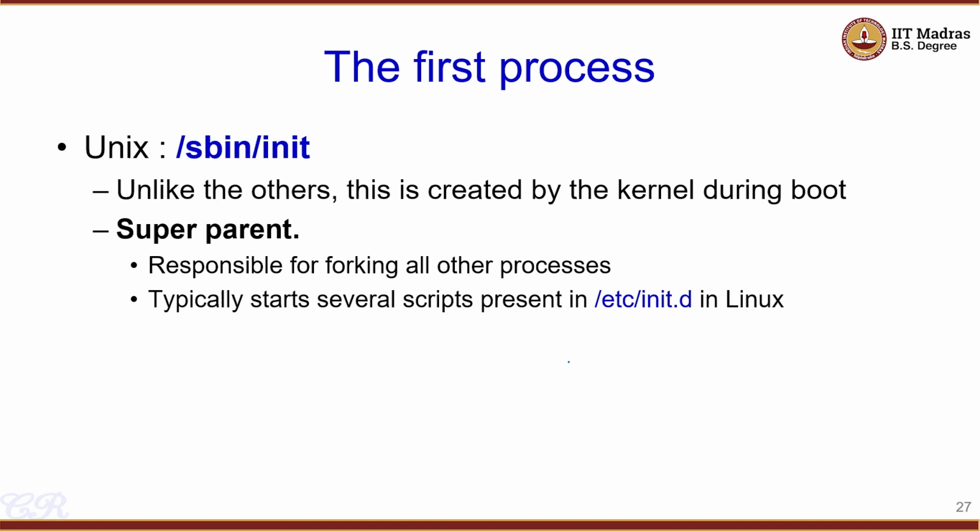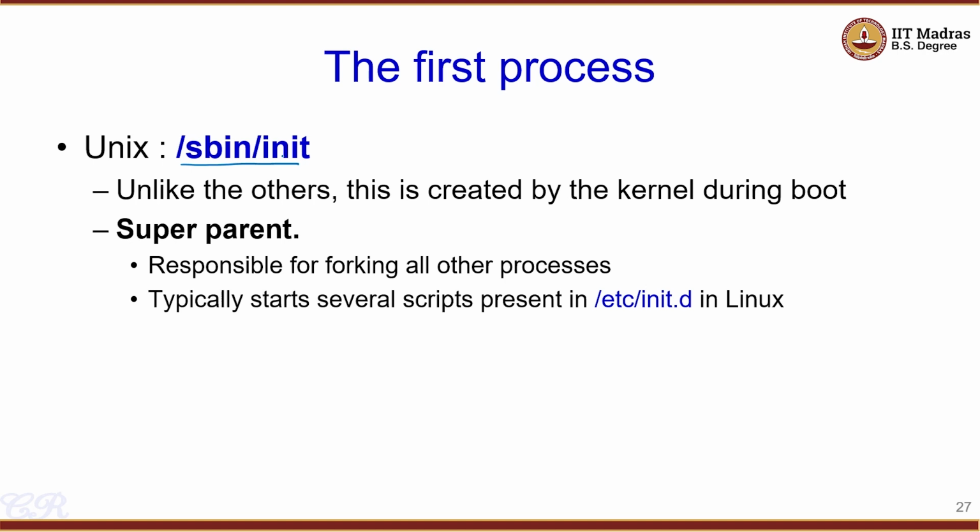process. The first process that is created is called the init process. In Linux, it's essentially present in /sbin/init. So this is the first process that's created and does not have a parent, right?